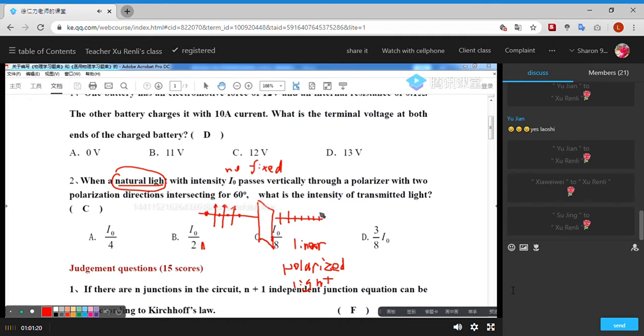And when this linearly polarized light passes through another polarizer, the vibration direction will be changed.